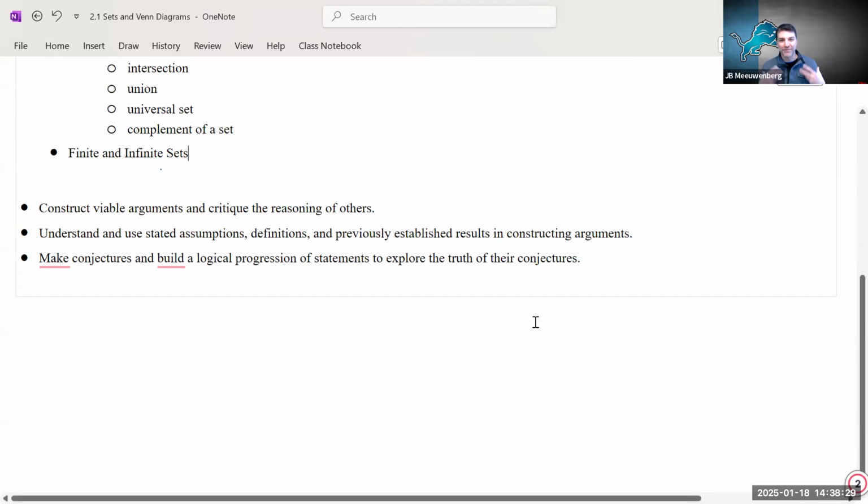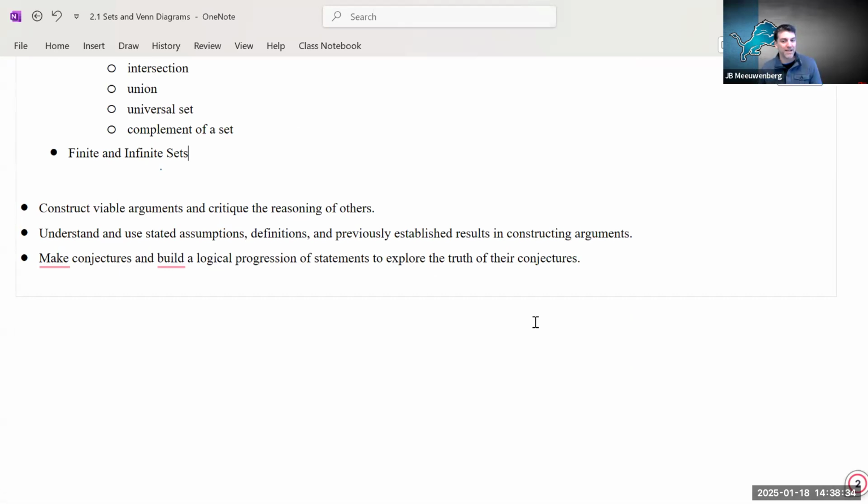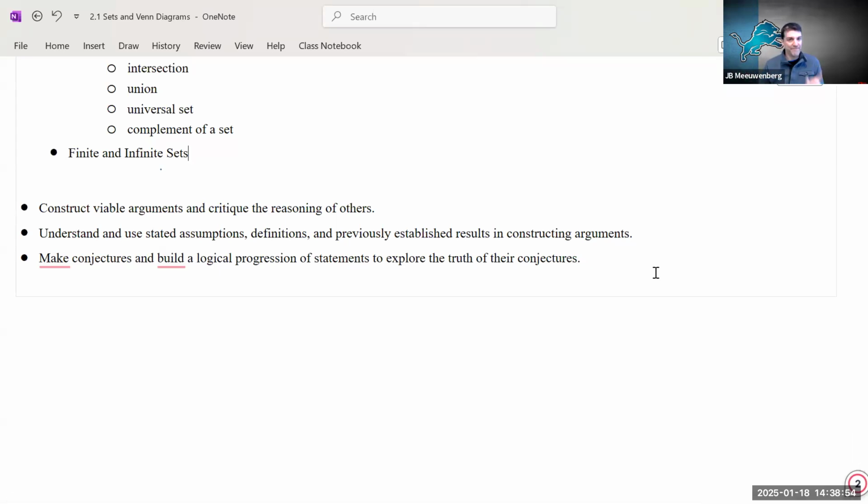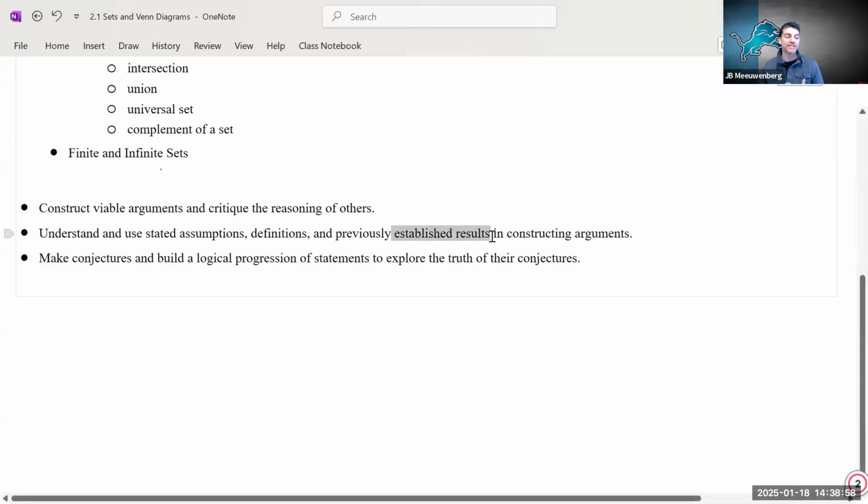So they need to be able to logic through certain things, arguments, and look at what other people say and ask, is that person's argument logical? Second, understand and use stated assumptions, definitions, and previously established results in constructing arguments. So how can I make a case for something using things that I am assuming to be true, definitions of things, and things I've already established, things I've already sort of proven along the way?